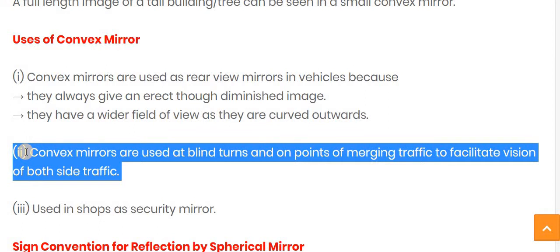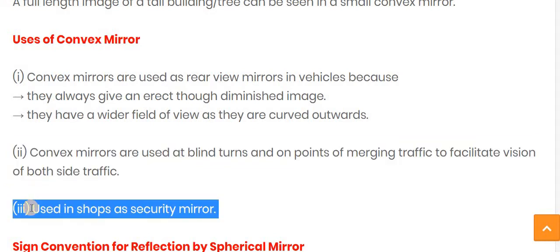The second use is at blind turns and points of merging traffic to facilitate vision of both sides' traffic, so they can easily see the traffic from both sides and take a decision accordingly. The third is that it is used in a shop for security purposes.